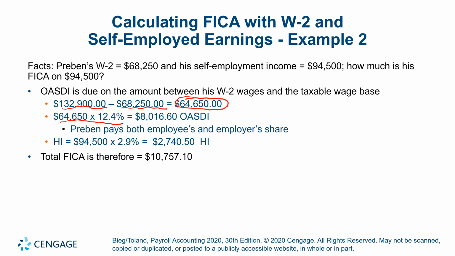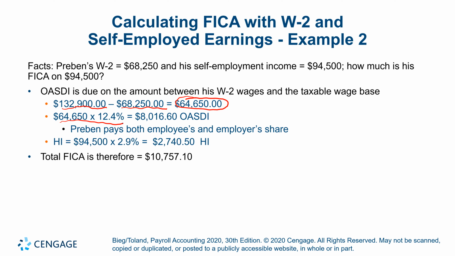So $8,016.60. Because again, this individual has to pay both the employee and the employer share, right? When you're self-employed, you don't have an employer paying into it for you. So you have to pay the whole 12.4%. And then same thing for the hospital insurance, AKA Medicare.